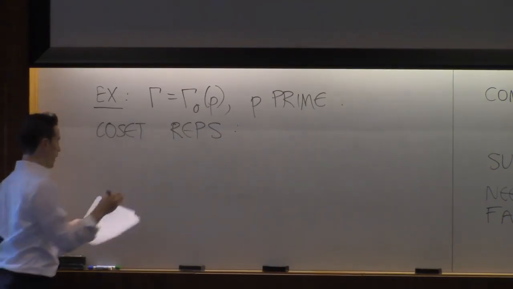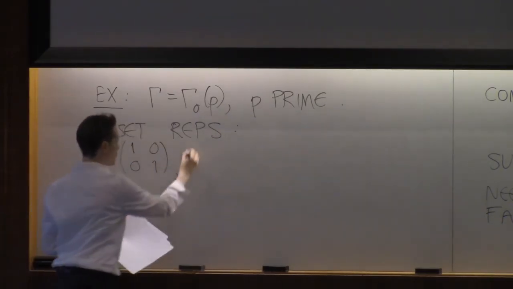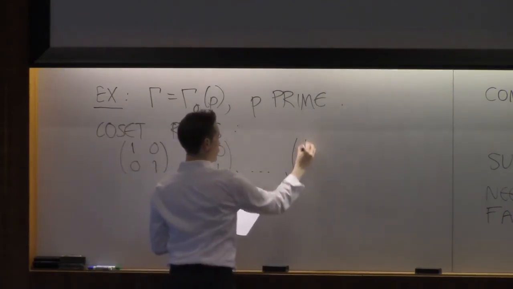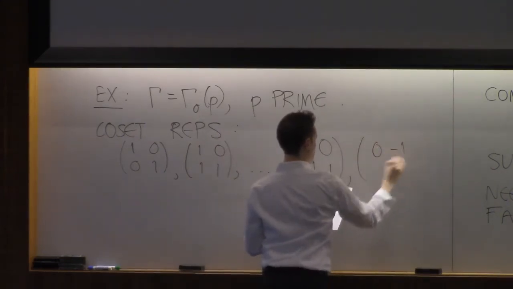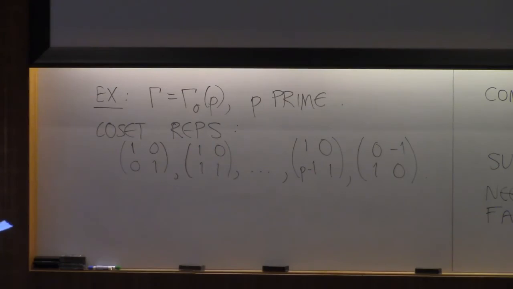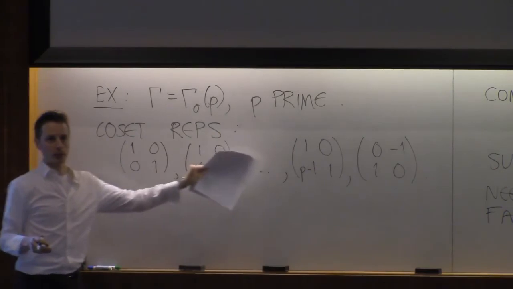Because of left versus right issues, they aren't literally the same, but they're pretty close. Okay, so there are P plus 1 matrices that I've written down there. One of them is the identity coset. I've got these translates here. You see the P of them, so 0 up to P minus 1.